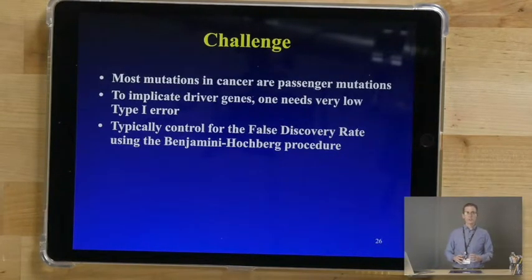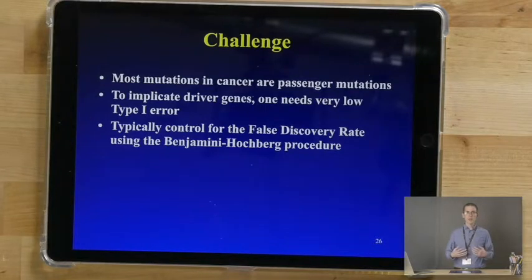So there are some challenges when you're trying to do this sort of statistical study to identify and implicate cancer driver genes. One of the large issues is that most mutations in cancer are actually passenger mutations, the neutral type of mutations. So you have this difficult task of distinguishing between many neutral passenger mutations and those from the very few cancer driver genes.